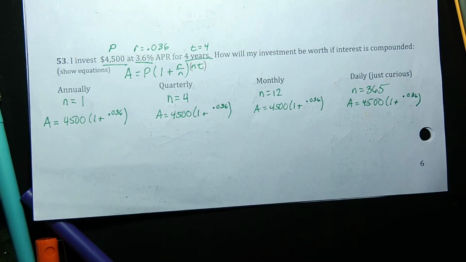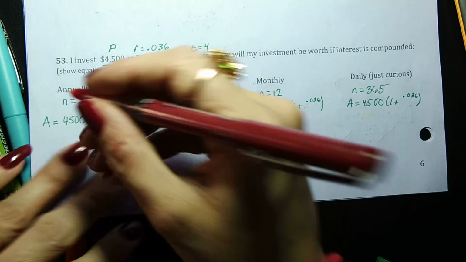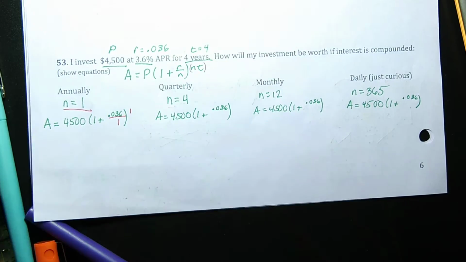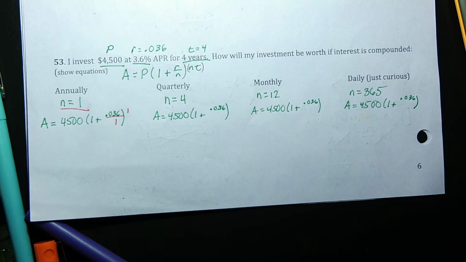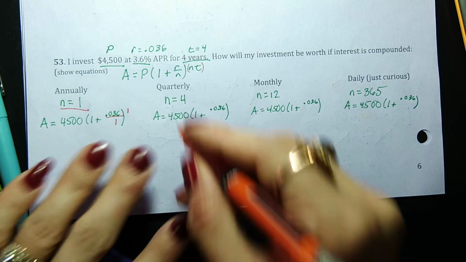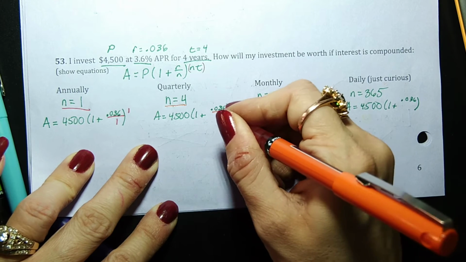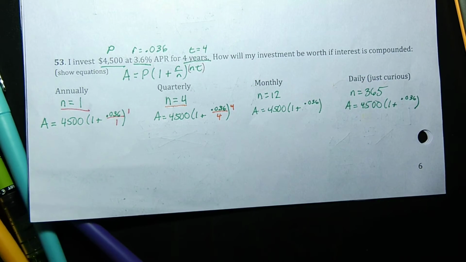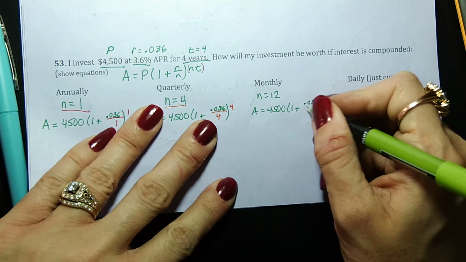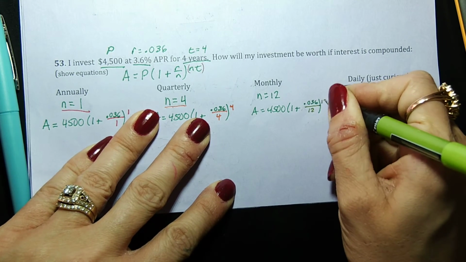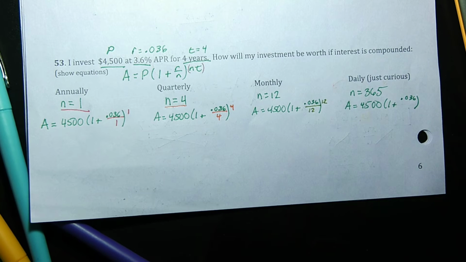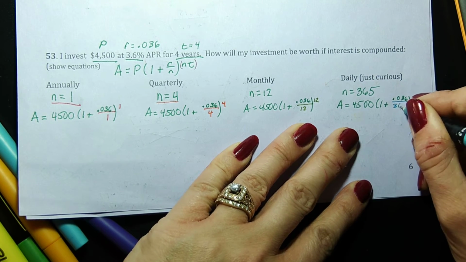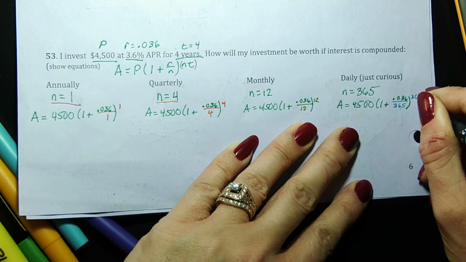What's going to change for each of these is the n. n is 1 divided by 1 raised to the 1. Quarterly, n is 4, divided by 4 raised to the 4th. Monthly, divide by 12, raise it to the 12th. Daily, divide by 365, take it to 365.